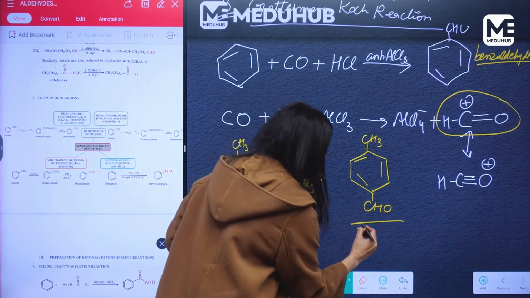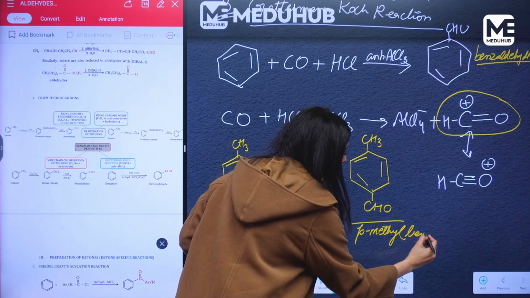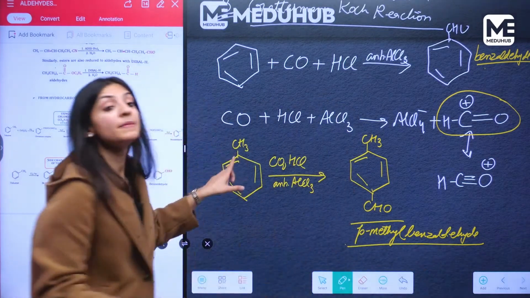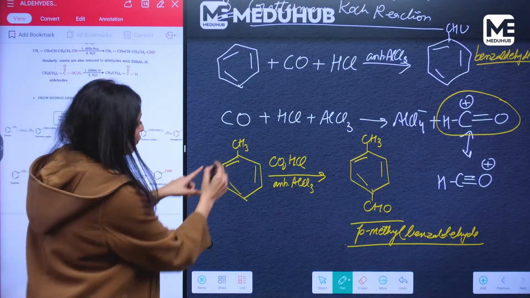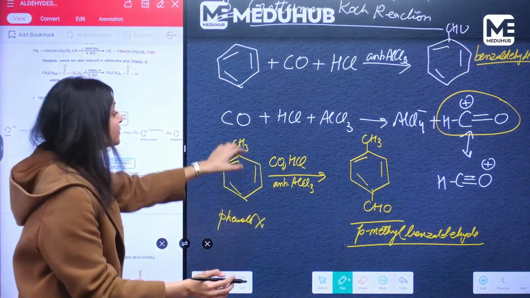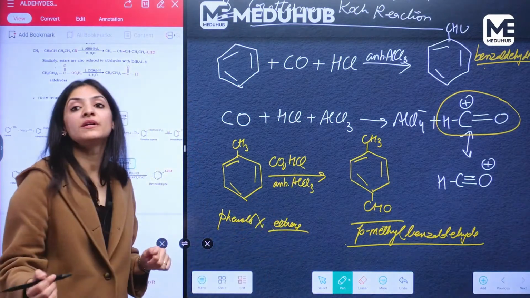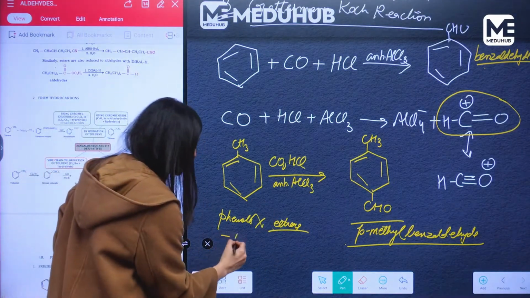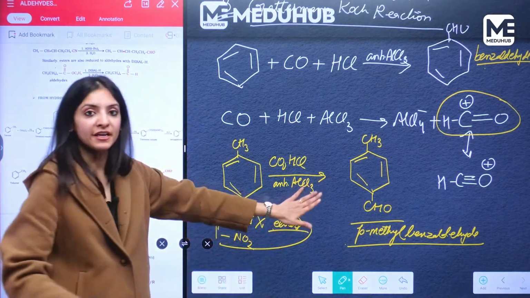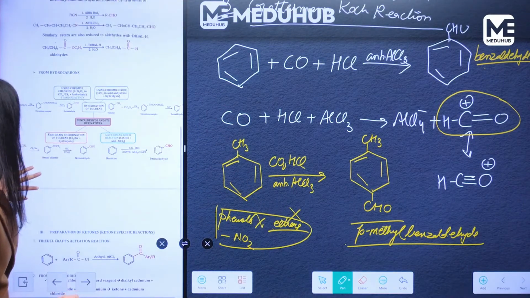So we will get paramethyl benzaldehyde. This method is not applicable for phenols, when the substituent is an OH group or ethers, or when the substituent is a highly deactivating group like NO2. So for these three groups, this reaction does not take place. Okay. So this is it for the reaction of aldehydes.